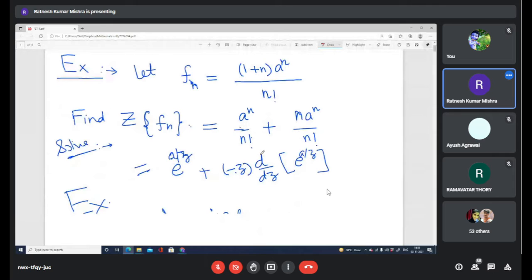So now here apply the partial fraction. Simply take z square outside, you can easily find both as you wish.